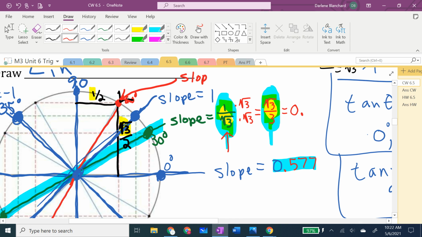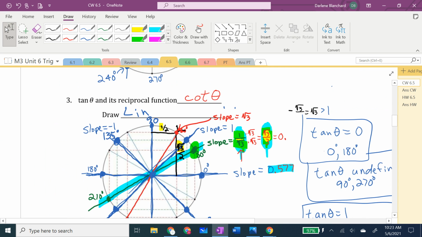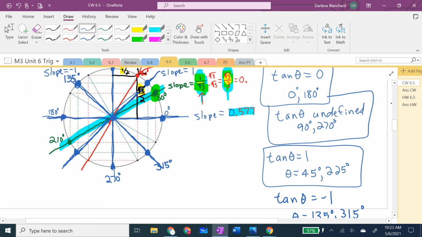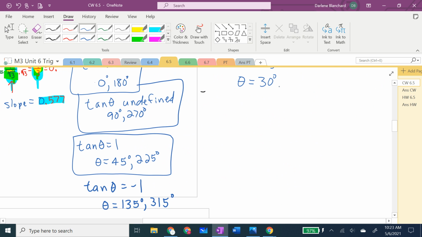This one has a slope of root 3. And this one has a slope of 1 divided by root 3. That allows me to say that I get an answer of 1 divided by root 3 when my angles are 30 degrees and, beyond that, 210 degrees.